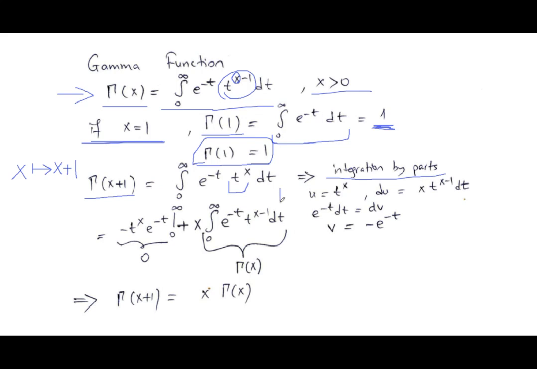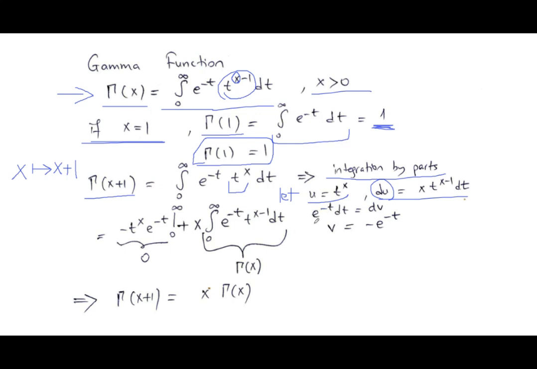So we can let u be equal to t to the power x, and then we know how to differentiate both sides. You get du, and take the derivative of the right hand side. You have x times t to the power x minus 1 dt, because the right hand side depends on t. Here x is our independent variable.